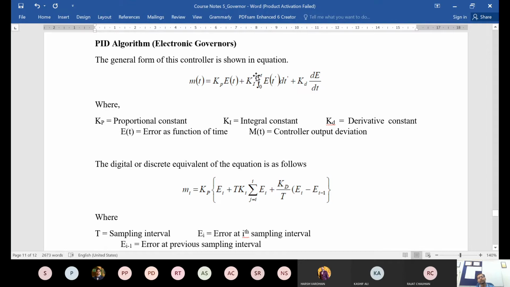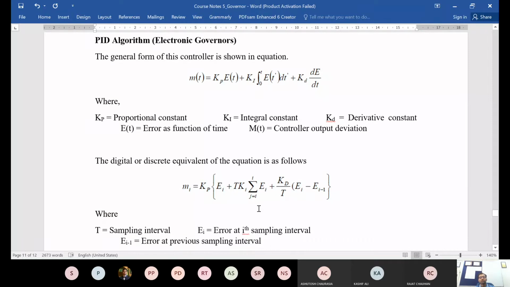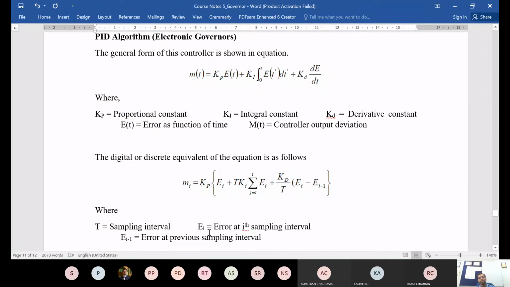What was the integral in the continuous domain becomes a summation in the discrete time domain. And what was the derivative in the continuous time domain becomes the successive difference. Here, T is the sampling interval.